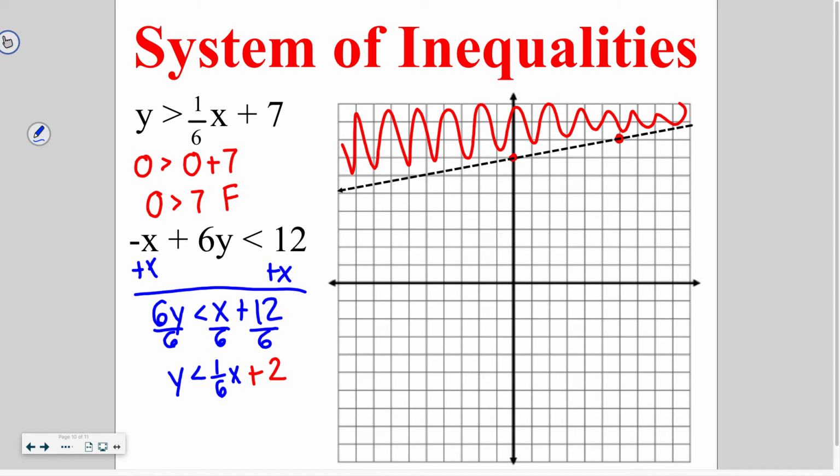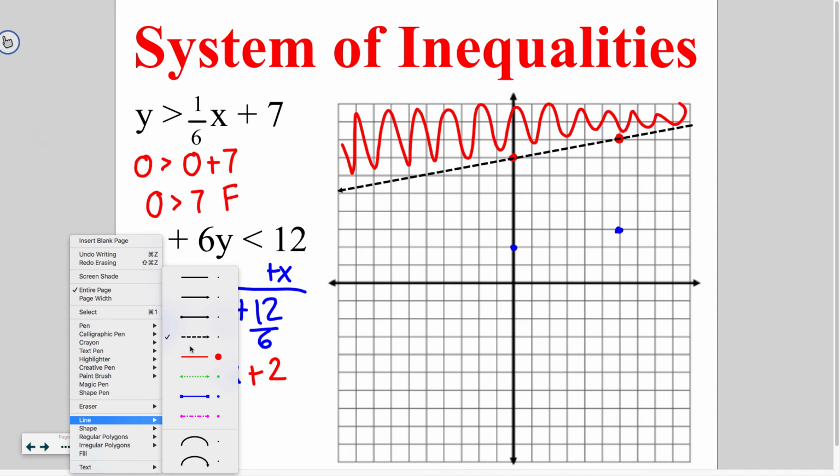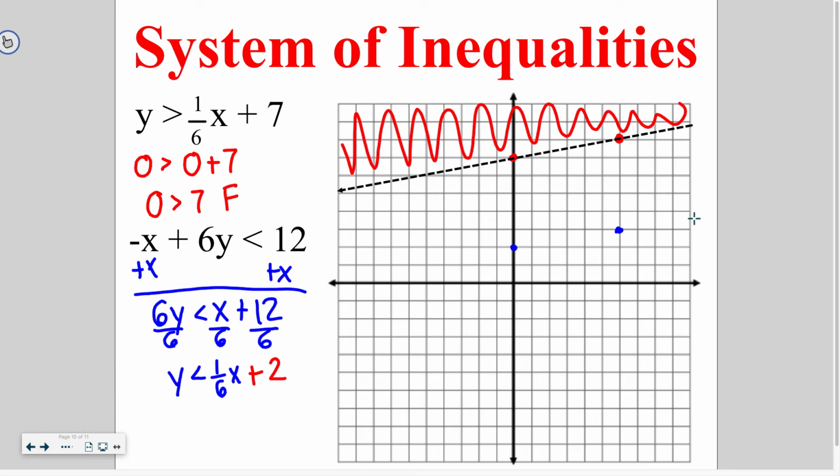So I'm going to come up to my graph and start at 2 and go up 1 and over 6. Again, there is no equal to part of this, so I am going to go ahead and draw in my dashed line connecting my points.